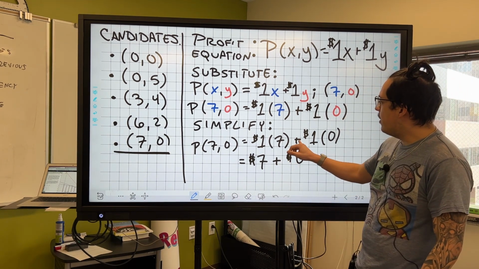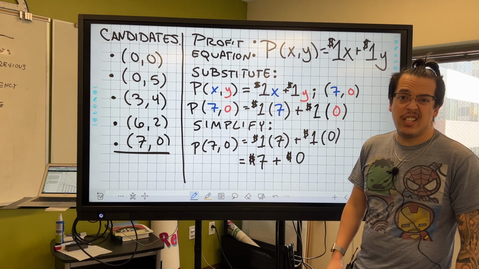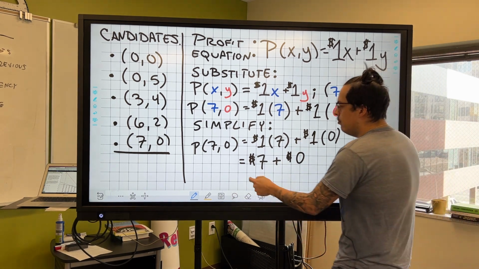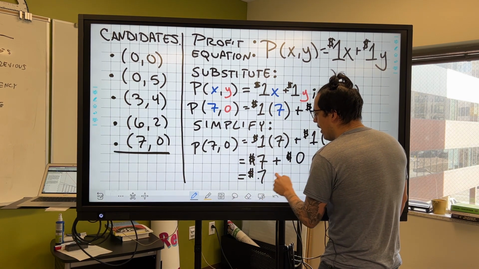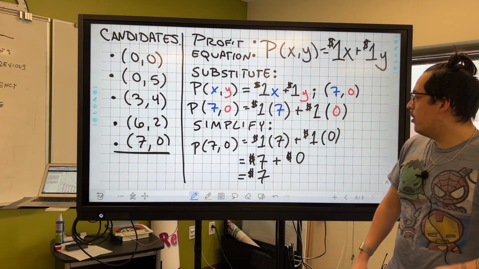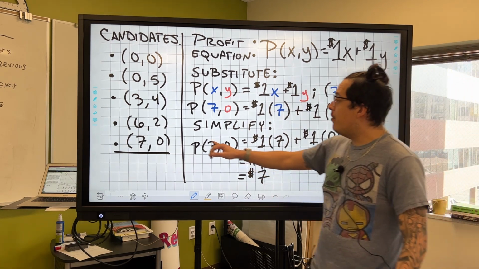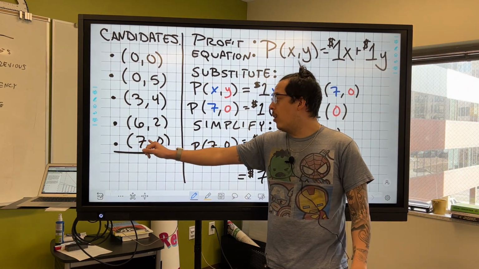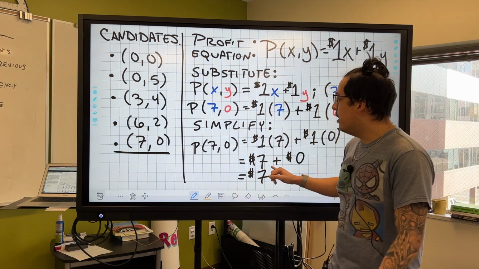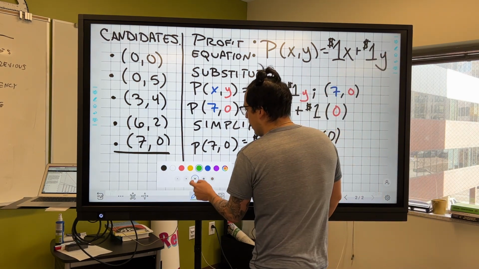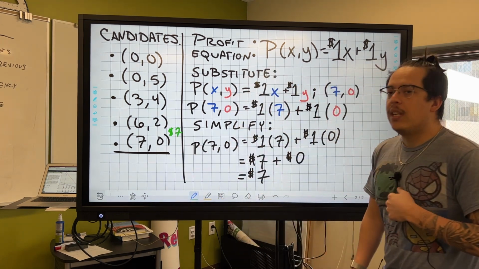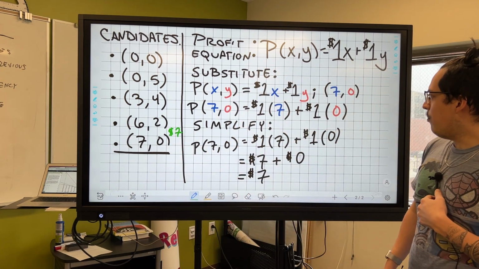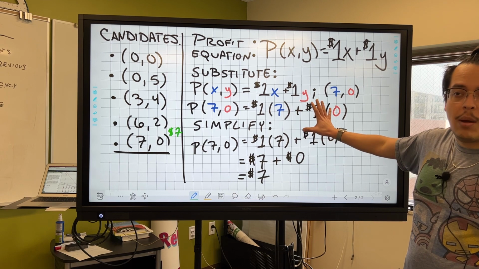And we'll take our plus sign along with us because we haven't done anything with that yet. We'll add $7 and $0, and that totals to $7. So we know that the profit when Auto makes 7 cars and 0 trucks is $7. And let's leave ourselves a note right here so we can keep track of that. Pause if you need to copy these notes.